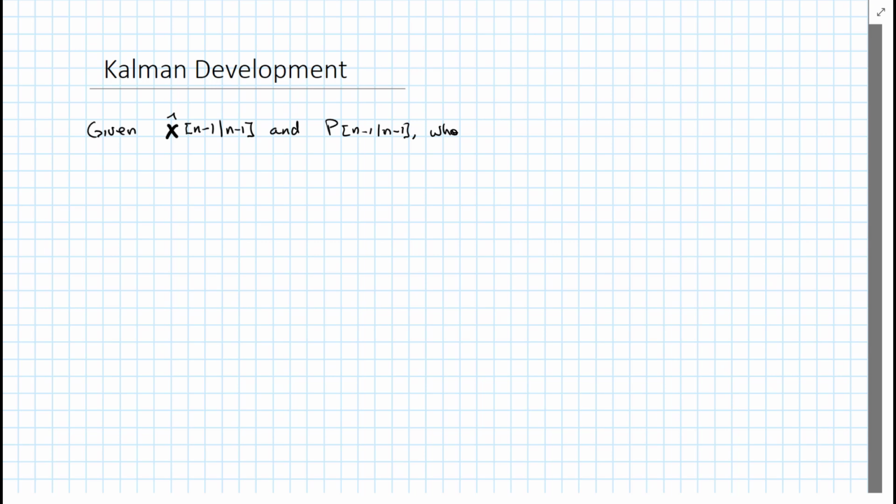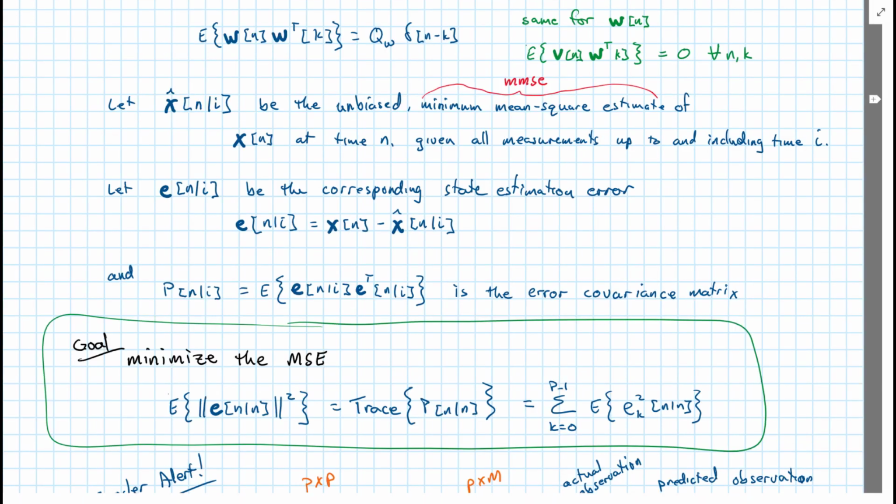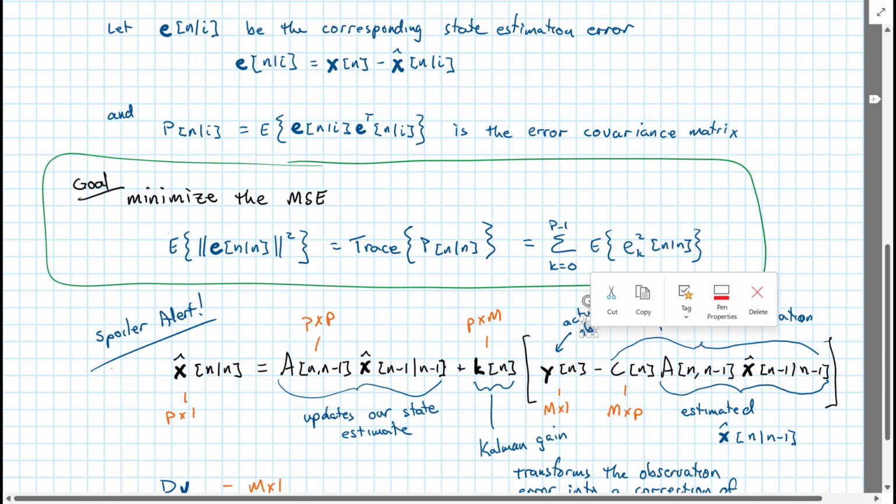When an observation becomes available, we want to find the unbiased estimate of x of n at time n, given all the observations up to time n. And we want to find it in such a way that it minimizes the trace of P n given n. As you may recall, the trace of P n given n is equal to the expected norm of the error squared.